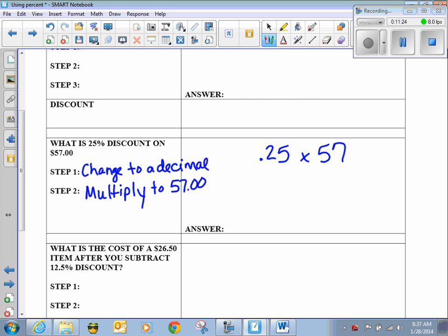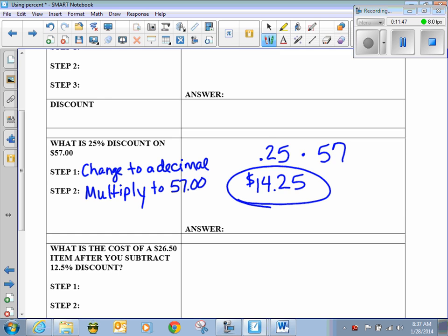I'm being very bad. Let me erase that. And I'll put a dot in there. So 57 times 0.25, or 0.25 times 57, you get 14.25. All it's asking for is what is the amount of discount. That's why I'm stopping right there.